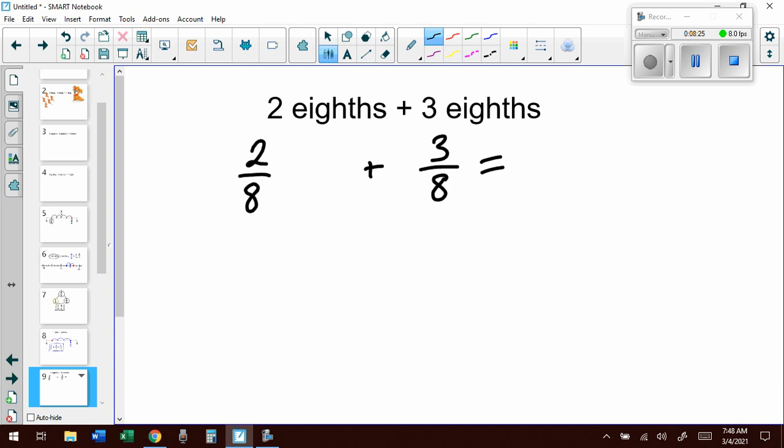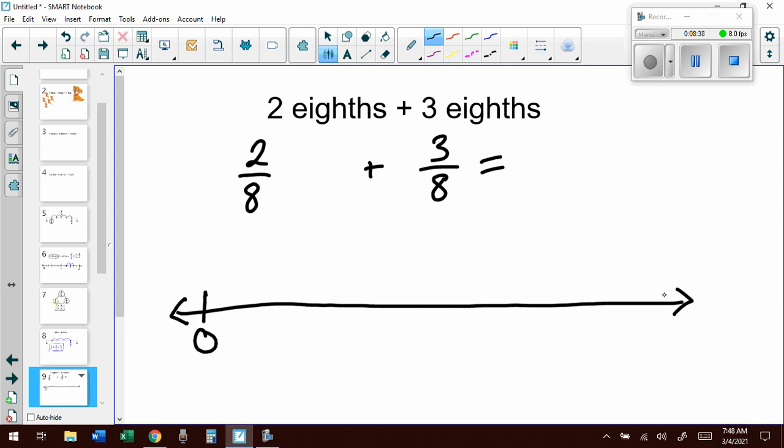So we are going to make our number line. We notice that both of these fractions are less than 1 whole. We make our number line from 0 to 1. We have eighths, so we can partition in half. What times 2 equals 8? We can partition each half into fourths.